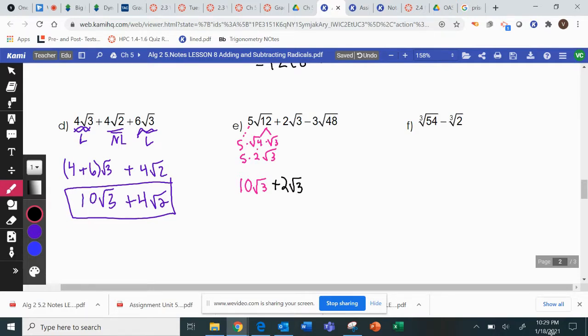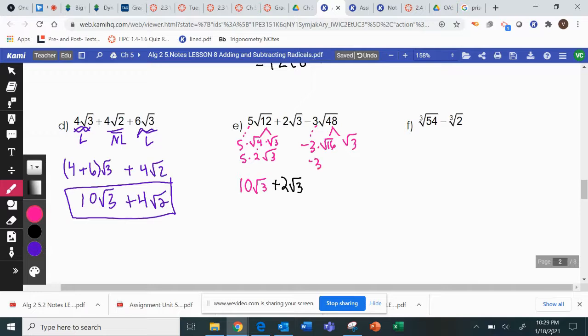Now, because the 5 square root 12 was able to simplify, I wonder if square root of 48 can simplify. So I look for a perfect square that goes into 48, and 16 goes into 48. It actually goes in 3 times. And there is this minus 3 out front, and those are multiplied.